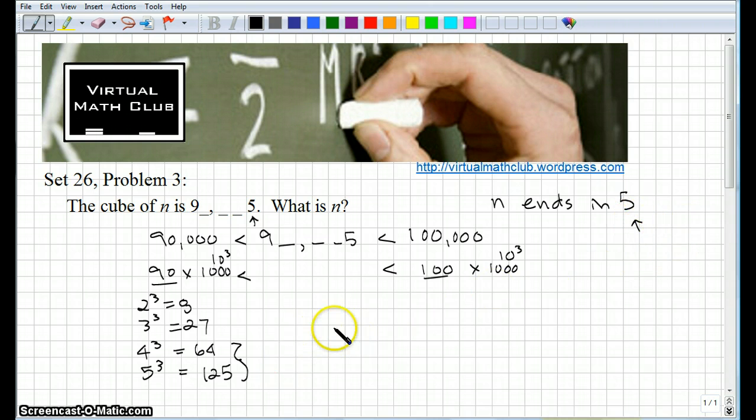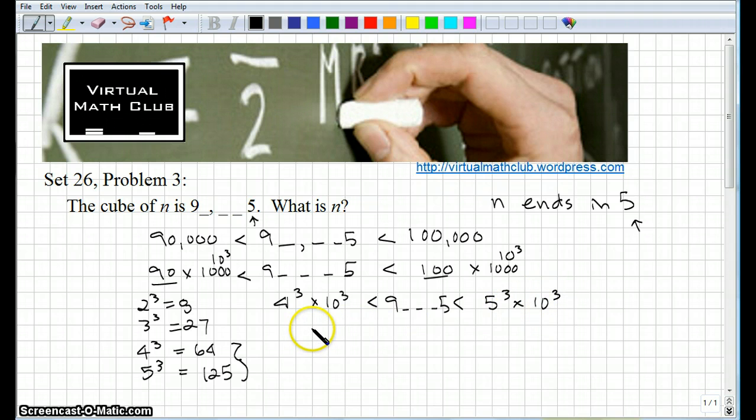So we're looking at something between 4 cubed times 10 cubed, and I didn't write the number here, 9 blank blank blank 5, and 5 cubed times 10 cubed, right?